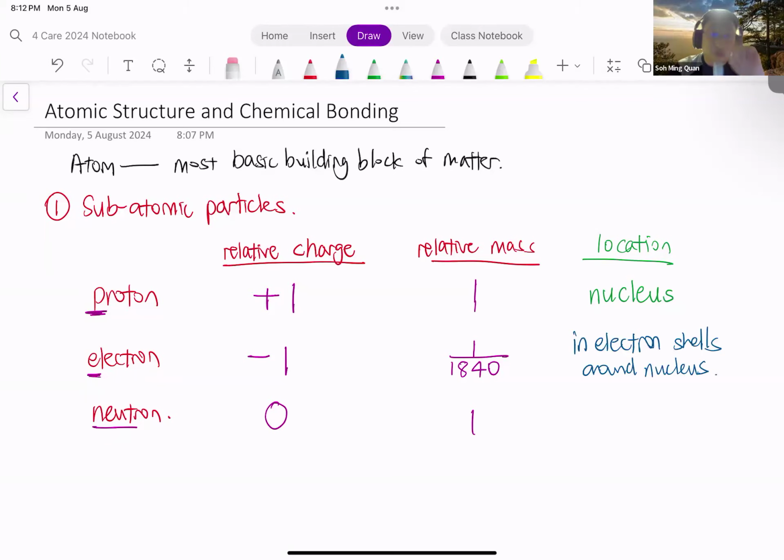So the electrons are found in shells, which are around the nucleus. They are outside the nucleus. And of course, neutrons are found in the nucleus as well, just like protons are. So don't forget the last column, the location in an atom where you can find these subatomic particles.